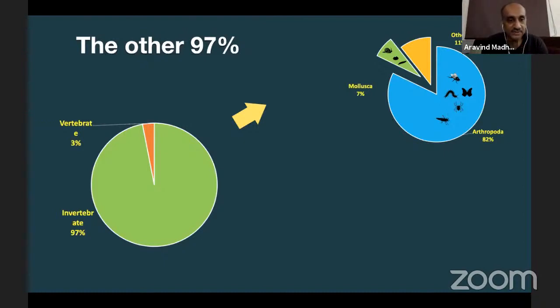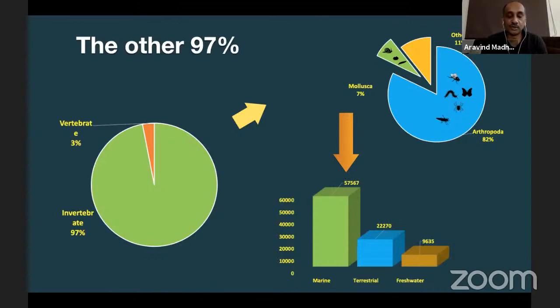Out of this 97 percent, arthropods, as you all know, are the dominant taxa, contributing more than 80% of the biodiversity. Other smaller phyla contribute 11%, and the second largest phylum after Arthropoda is the phylum Mollusca, which contributes something like 7% to the Earth's biodiversity.